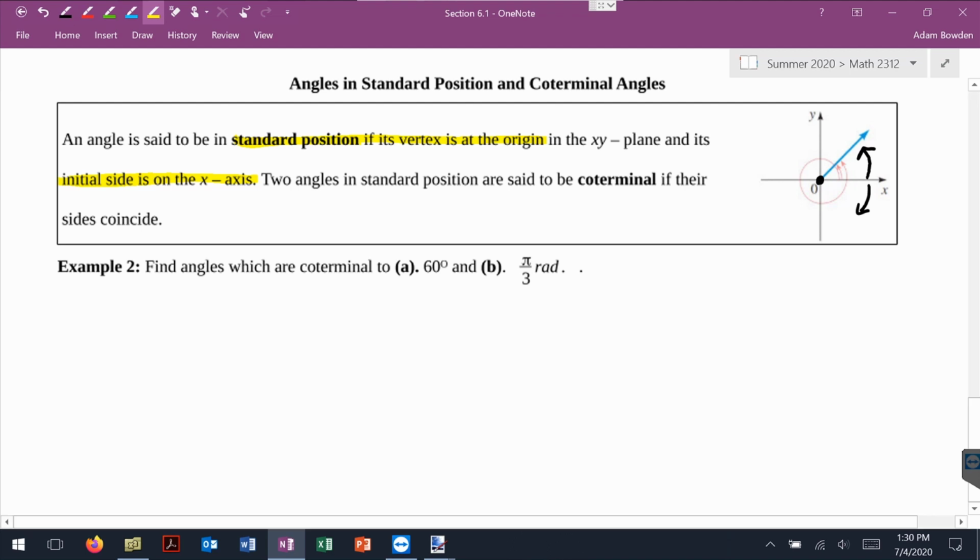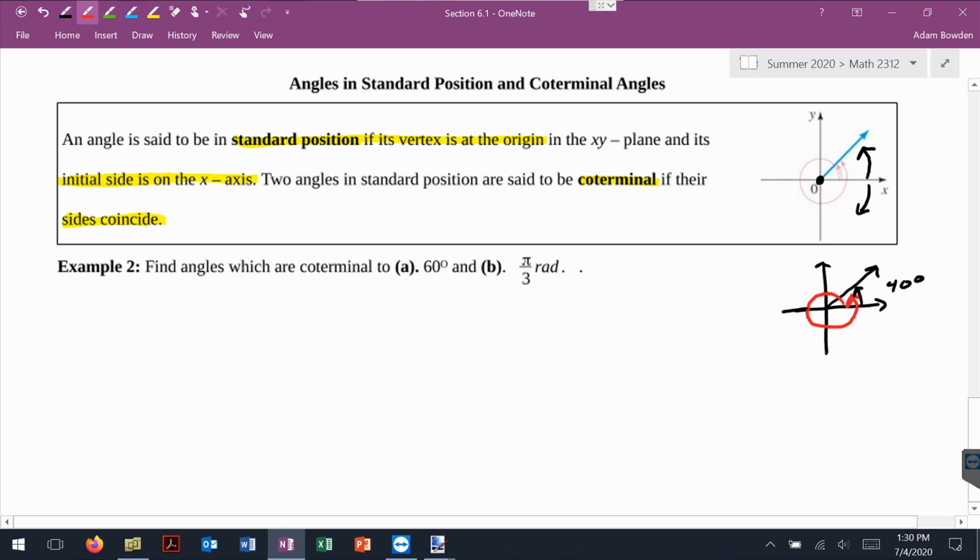We can talk about two angles being coterminal if they're in standard position and if their sides coincide with each other. So two coterminal angles would be something like if I was to rotate, say, 40 degrees, and then another angle could be made by rotating all the way back around and stopping in the same place.